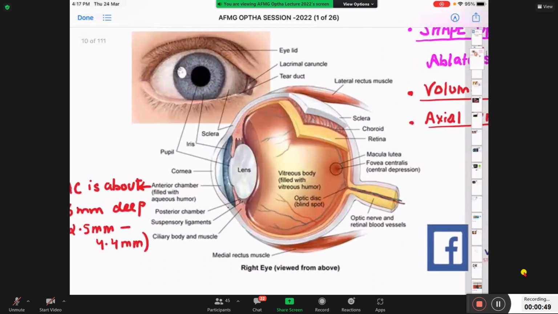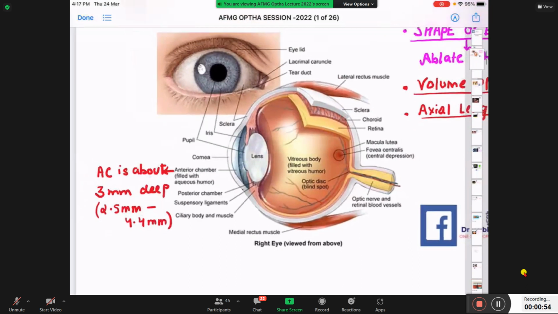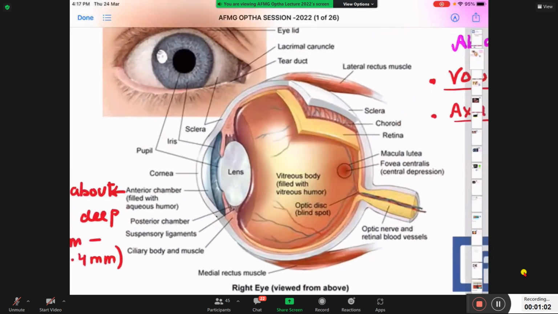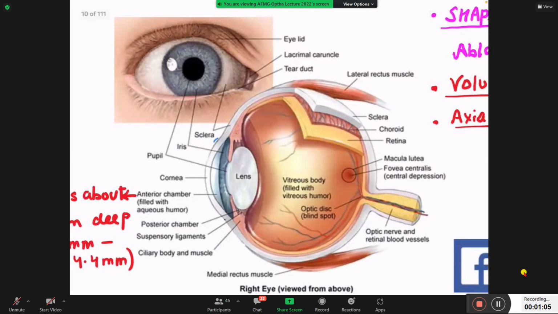So this is our eyeball. If we see, the total volume of this eyeball is around 6 ml. And if we zoom the picture, can you see the anterior-most structure of this eyeball?